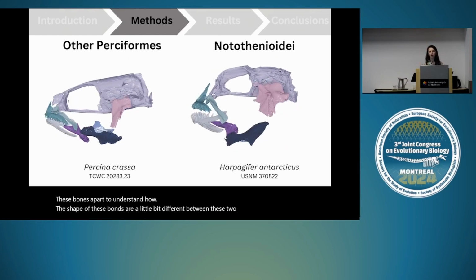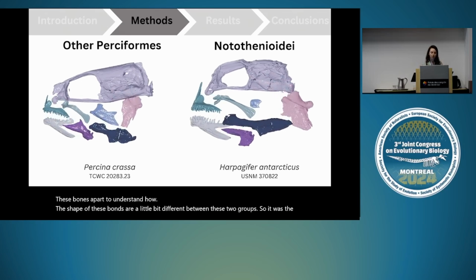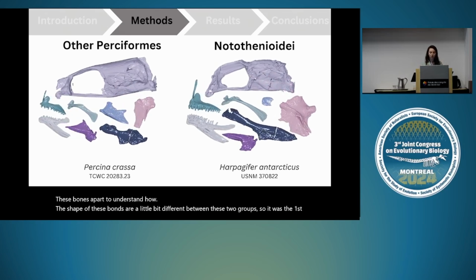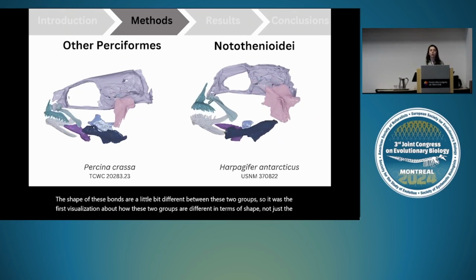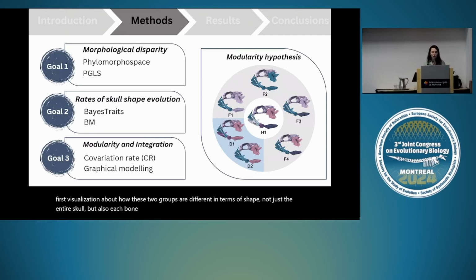So that was the first visualization of how these 2 groups differ in terms of shape, not just the entire skull, but also each bone independently.